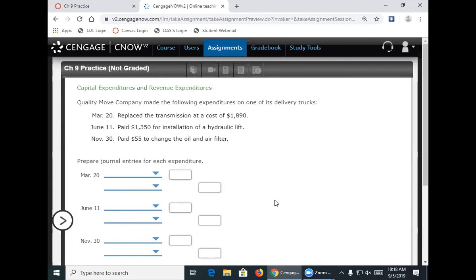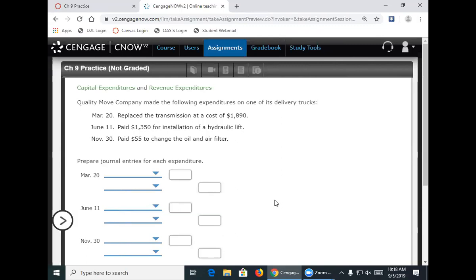That's capital. Capital expenditures are expenditures on assets that increase the life or the value of the asset, or sometimes both. Okay, so a capital expenditure increases the value or the life. Yes? So I got a semi, right? And it breaks down, I gotta fix it, right?